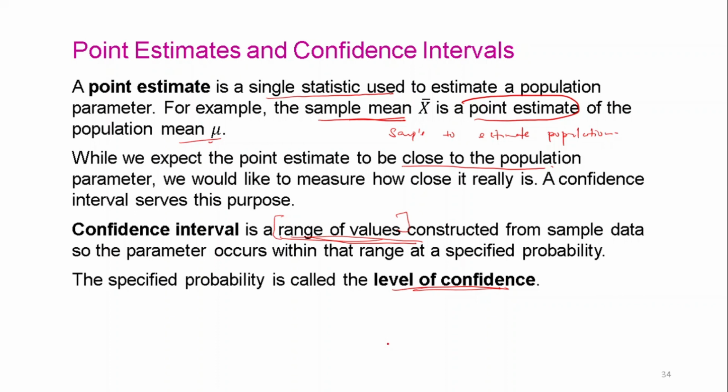At the end, our result should be, for example, 95% confident that the interval contains the true mean of the population. Later we will see how to find the confidence interval.